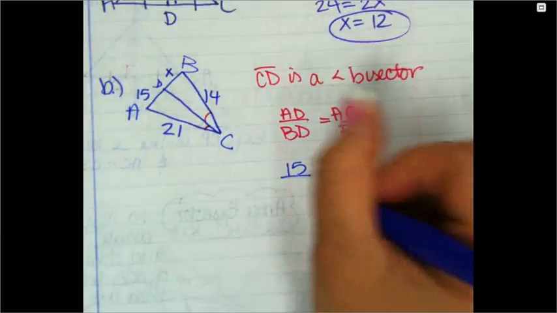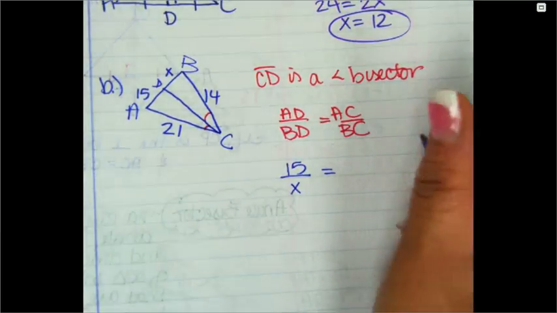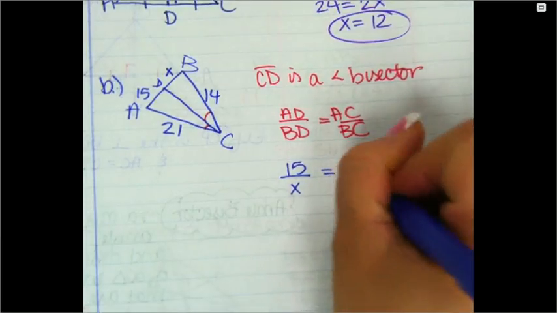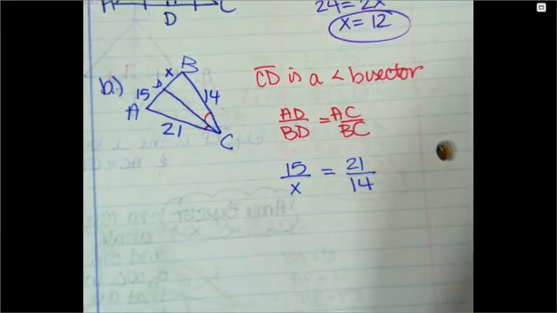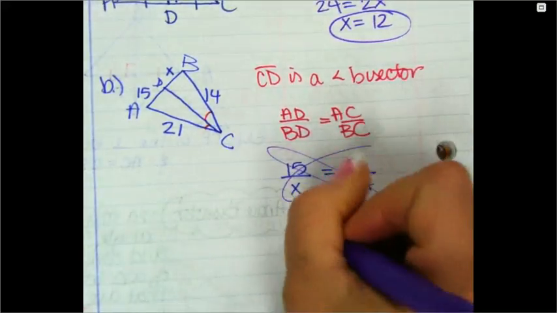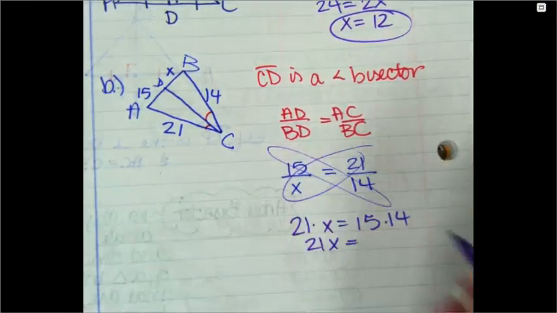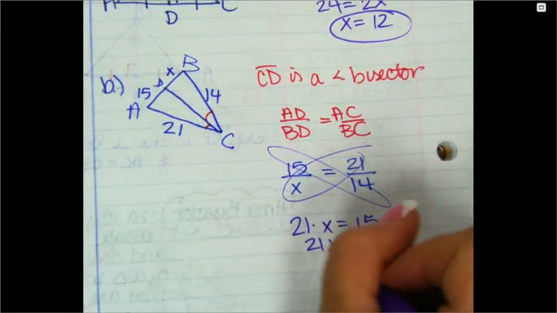Equals 15 over 21 over 14. Cross multiply. 21 times x equals 15 times 14. So x equals, wonderful.